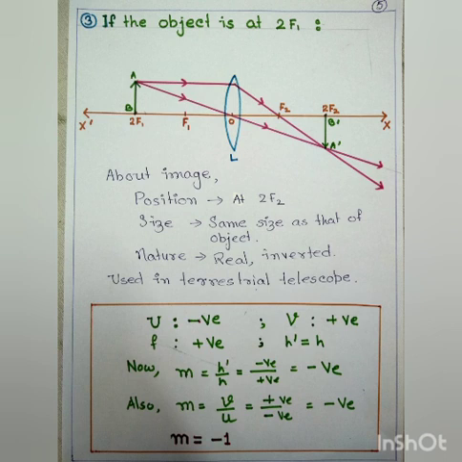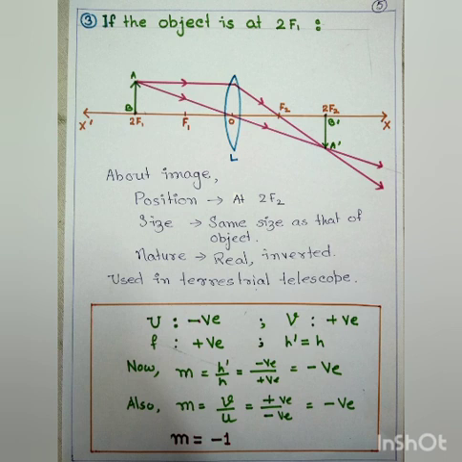This is the only situation for a lens where the image distance and the object distance are the same. Therefore, the magnification will be 1 with a negative sign. So this situation is very important for convex lens. You have to remember this very nicely.